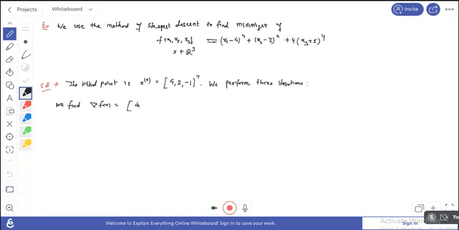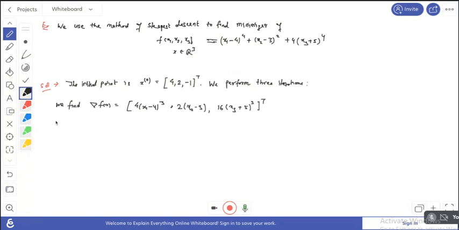If we differentiate with respect to x1, this is 4(x1 - 4)^3, with respect to x2, this becomes 2(x2 - 3), and with respect to x3, this becomes 16(x3 + 5)^3. So suppose this is your gradient of f(x).